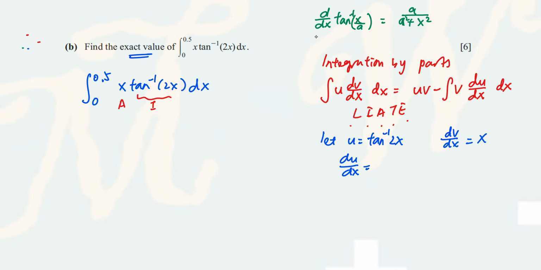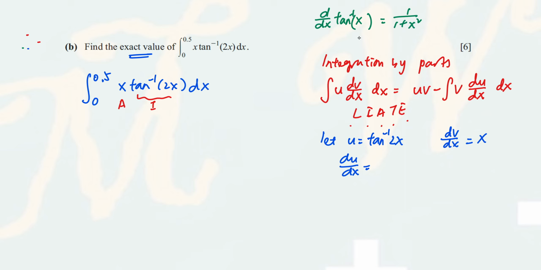Okay, that is your formula. So what I need to do is, wait, let me write. This is x, so 1 over 1 plus x squared.